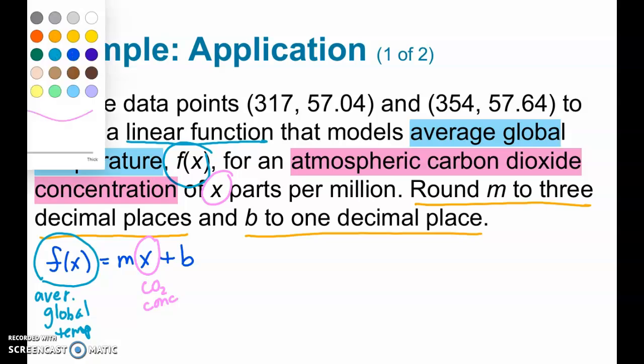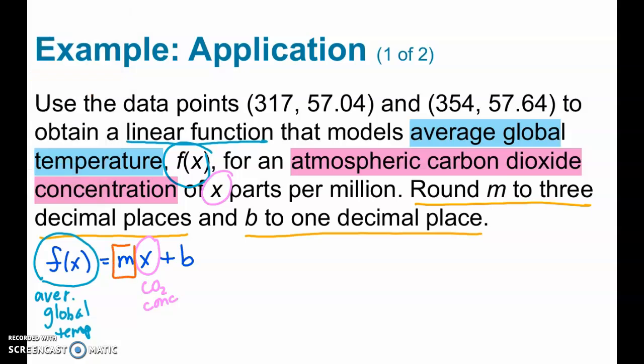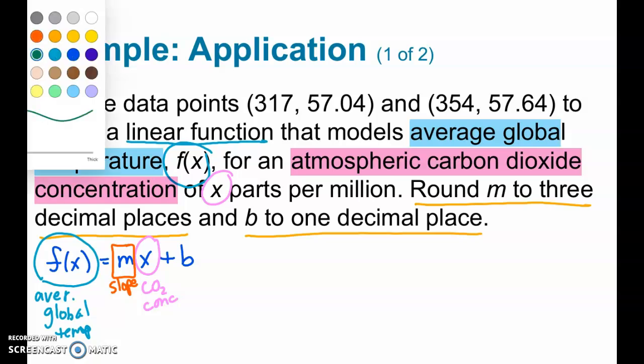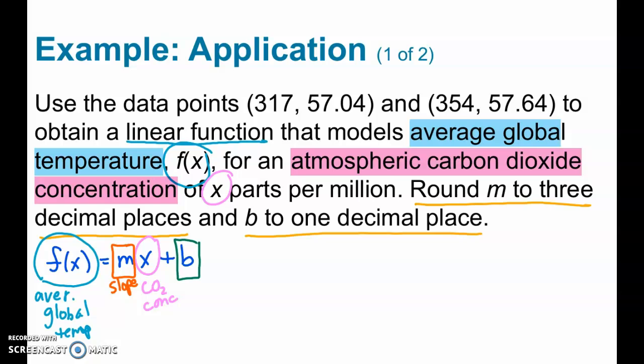So if I want to write a linear function or a linear equation, then I have to fill in two things. I have to fill in the m, or the slope, just like we did up above in the earlier section. And I have to fill in the y-intercept.